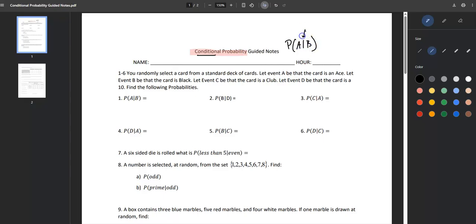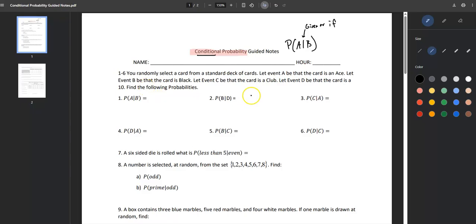This slash means given, or you can think of it as if something else happens. So this reads left to right: the probability of A if B has happened, or given B has happened. We're just going to work through these examples, and our goal is to be able to calculate these conditional probabilities.